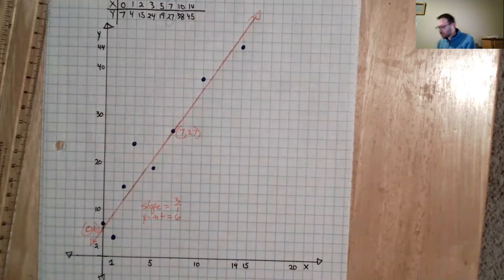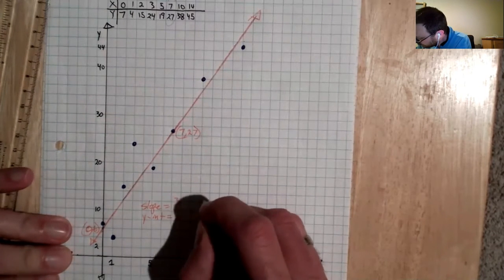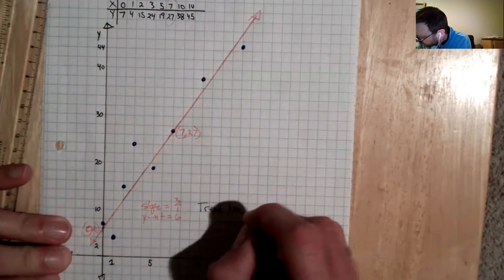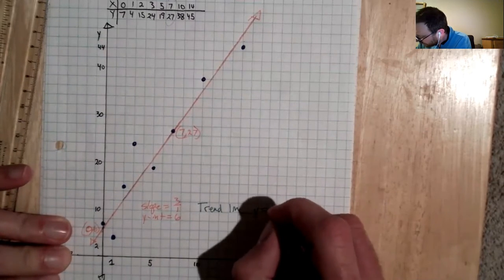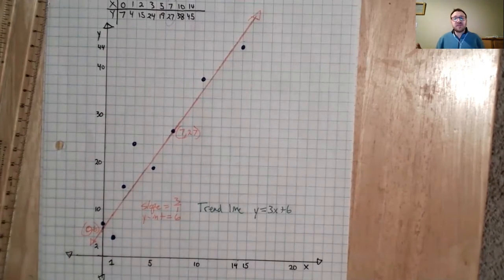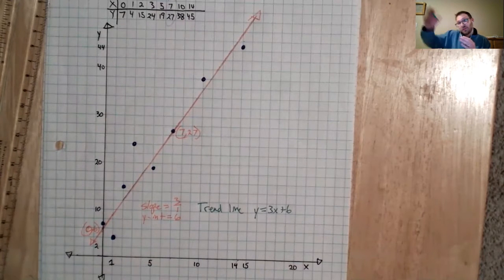So my equation for my trend line is y equals 3x plus 6. Then I can use that to predict future values, so long as my data maintains this trend line.